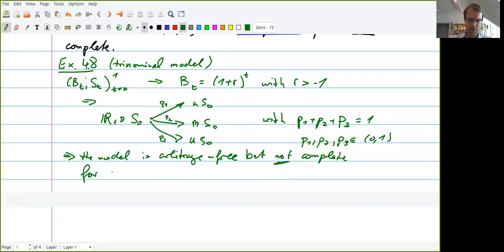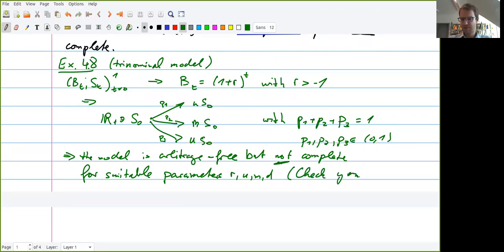For suitable parameters, you're invited to figure out how to choose the parameters to ensure that this market is arbitrage free but not complete anymore.